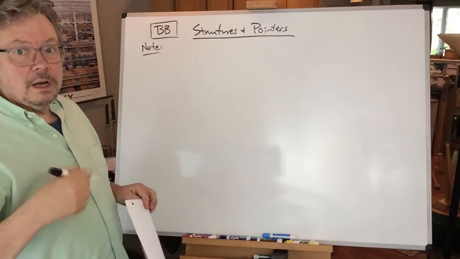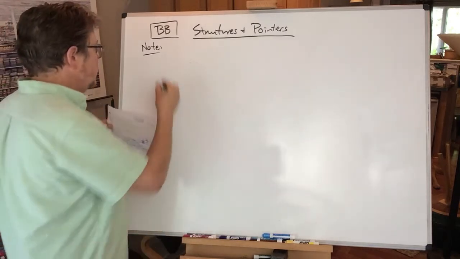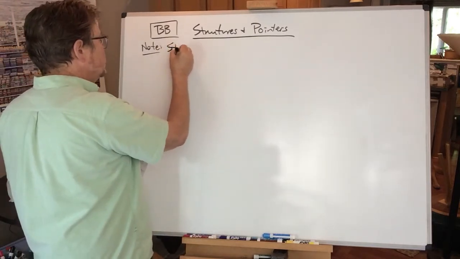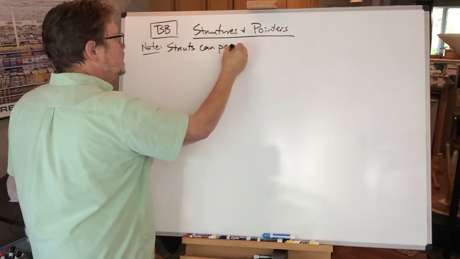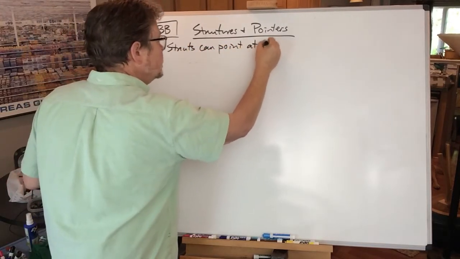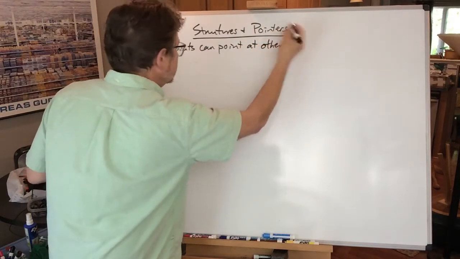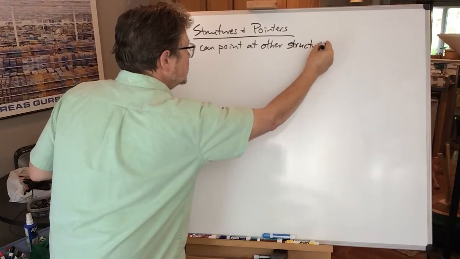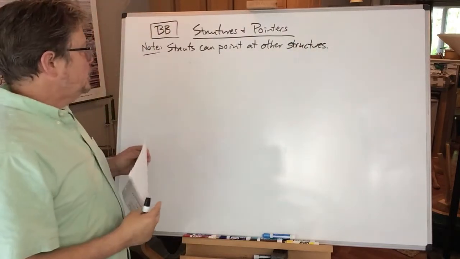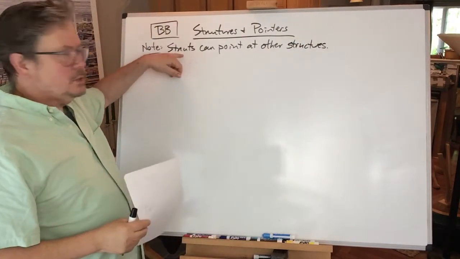Structures can point at other structures. They can point at each other. I'll abbreviate. Structs can point at other, I'll spell it out this time, structures. I should have spelled it out both times, but I'm sorry I didn't. Structs, short for structures.